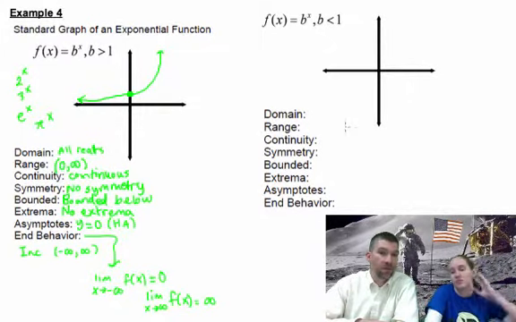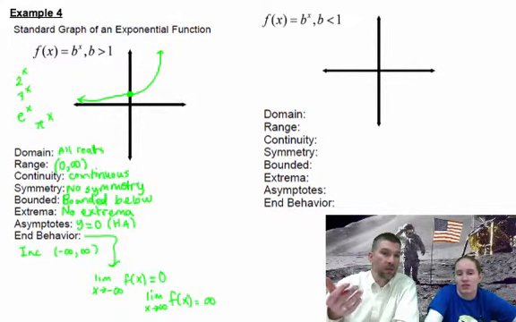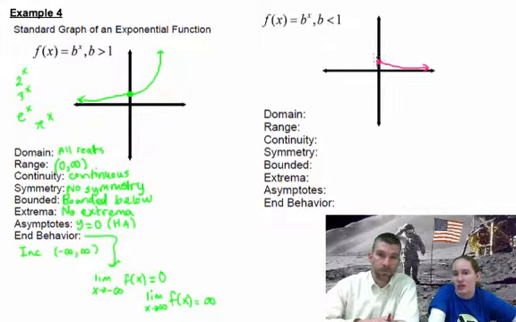And so the decay function is almost this exact same thing, but flipped. Our initial value here is 1 again, but this time we're going to get closer and closer to 0 in this direction, and we're going to go up and up and up in this direction. In this case, because b has to be less than 1, we could be graphing things like 1/3 to the x.